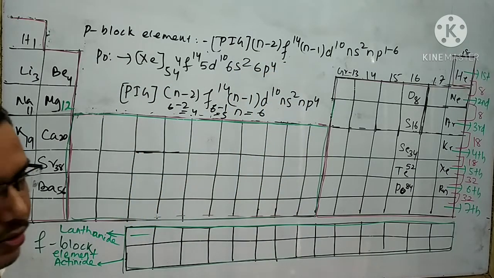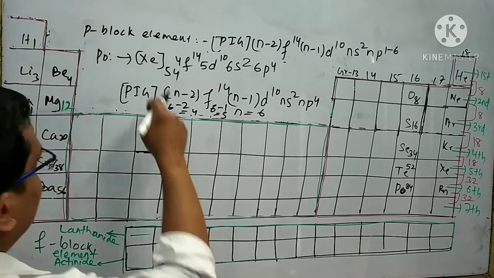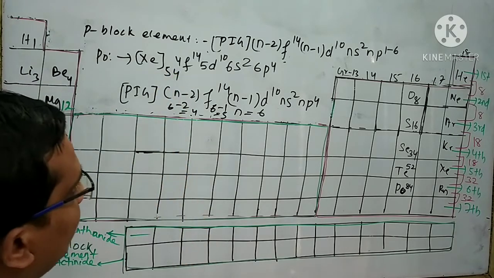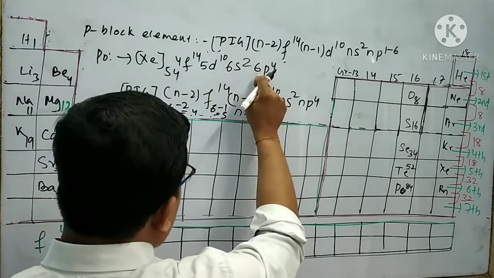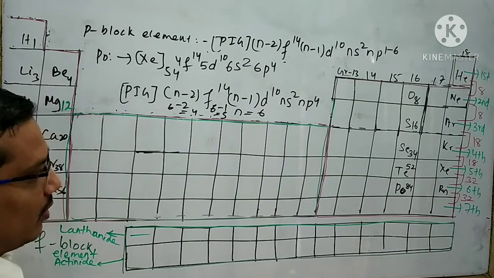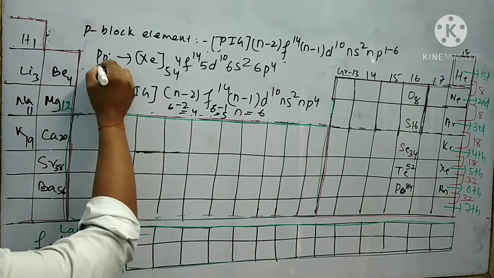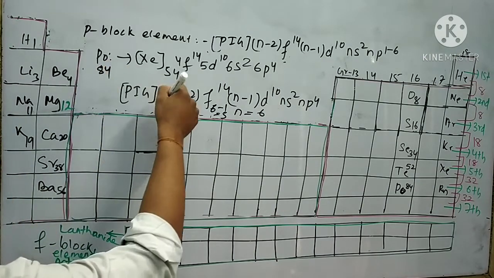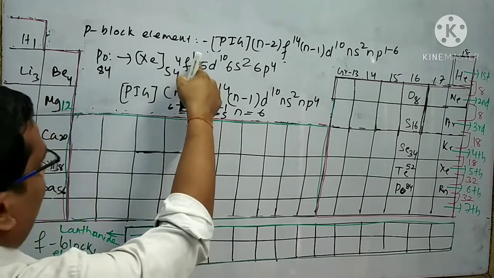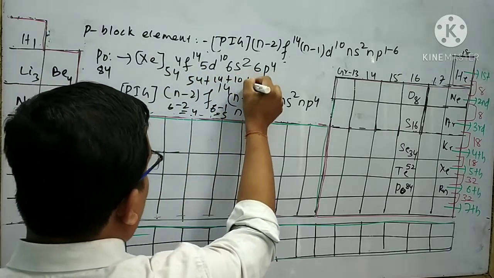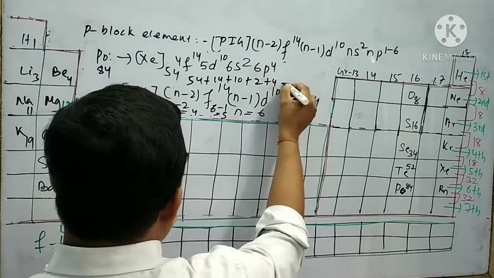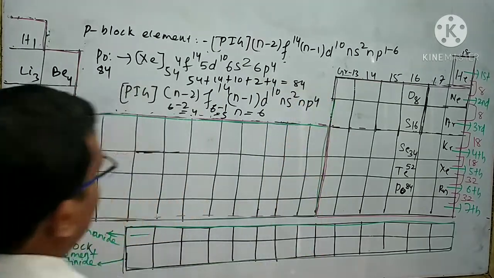Finally, the electronic configuration of polonium is xenon 54, 4f14, 5d10, 6s2 6p4. The atomic number of polonium is 84. Look at that: 54 plus 14 plus 10 plus 2 plus 4 equal to 84.